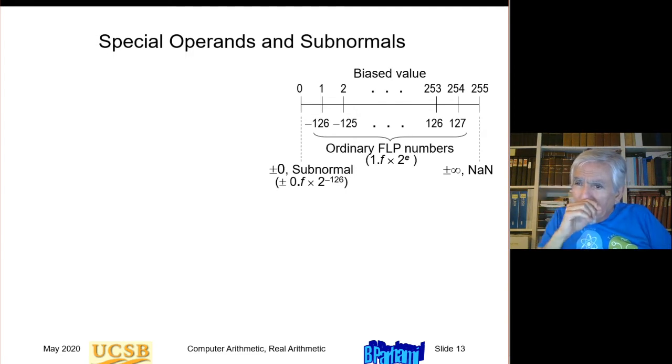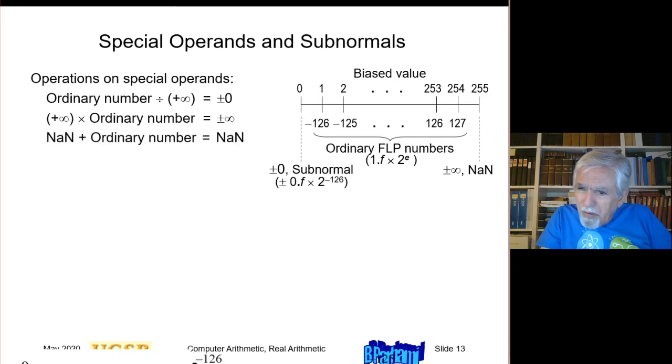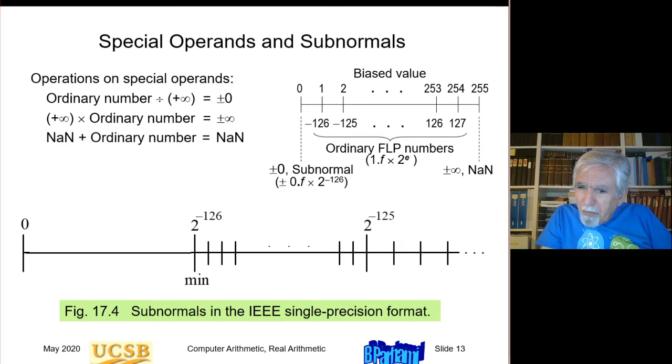Okay, so subnormals basically are numbers that fill the gap between this min and 0. So min is basically the smallest number that can be represented as an ordinary floating point number.